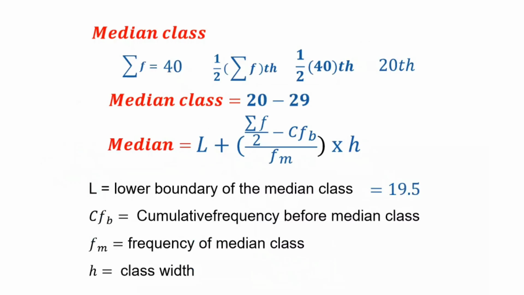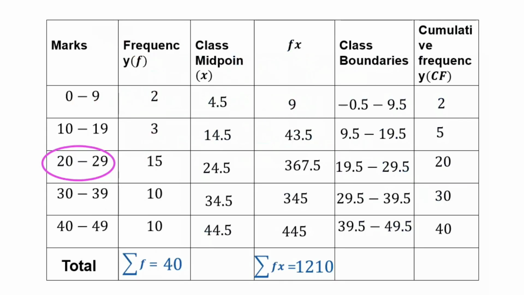Now let's look at our cumulative frequency before the median class. So let's go to our table once again. Now we are saying cumulative frequency before. You realize that the median class is 20 to 29, so if you trace it, its cumulative frequency will be 20.